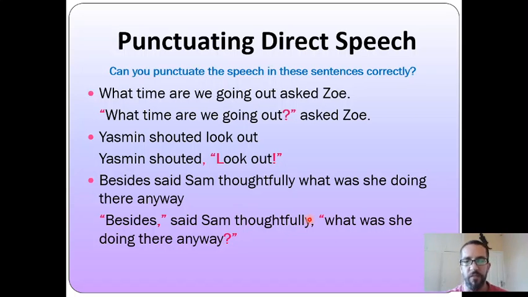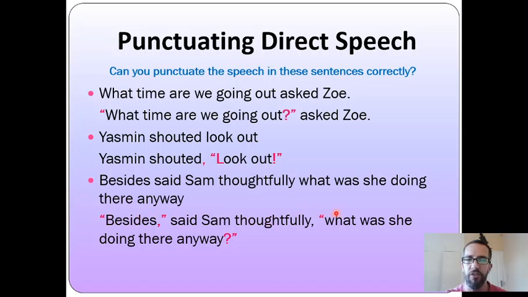And what was the rest of what he said? What was she doing there anyway? So the whole thing that Sam says here is, besides, what was she doing there anyway? But now we also have this verb clause in the middle that's telling us that it's Sam talking. So to continue with the sentence, because Sam already started talking there, we started that speech with a capital letter over there.